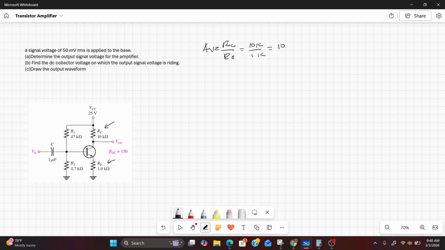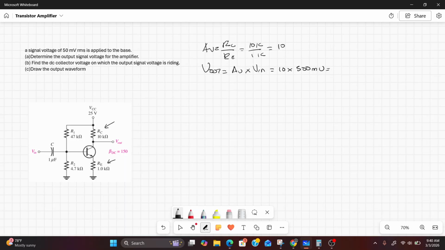So the output voltage, V out, is equal to the gain times the input voltage. So this will be equal to 10 times 100 millivolts.